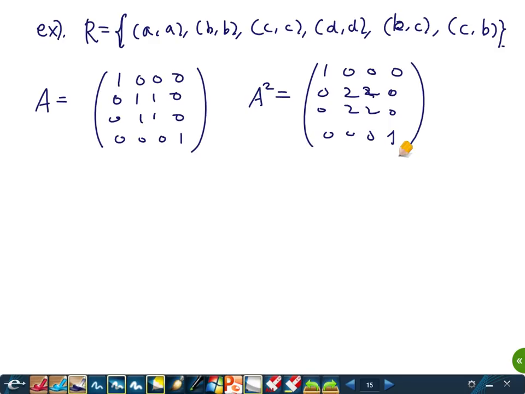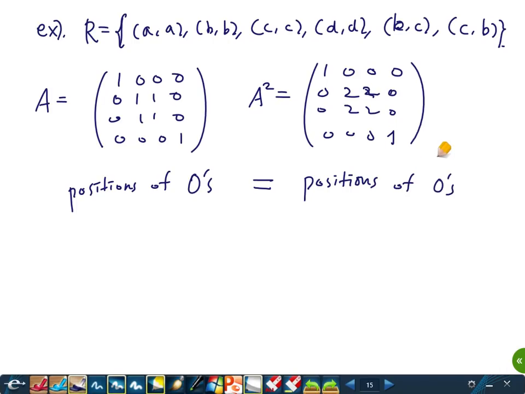Is this transitive? Yes. Look at every non-zero entry here, and then go back to see the same position in A. That's still non-zero. In other words, the positions of zeros are exactly the same.